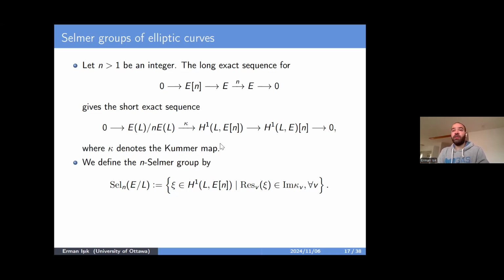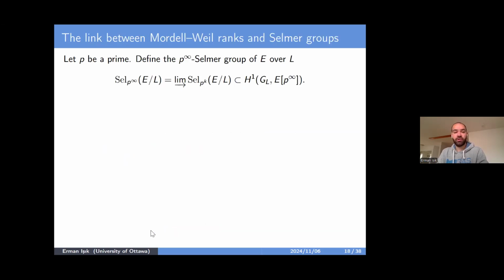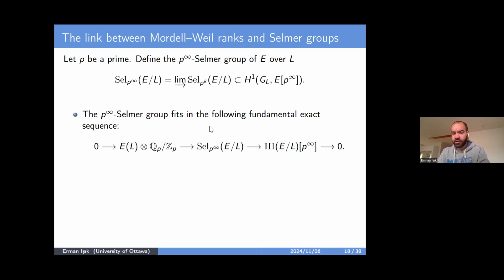So how do they allow us to study the Mordell-Weil rank? Well, as I said, it contains the rational points, and the quotient is actually the Tate-Shafarevich group. So following the idea of Iwasawa theory, we go to the infinity part and define the p-infinity Selmer group by taking the direct limit of these Selmer groups. And it turns out that the picture we get looks like this.